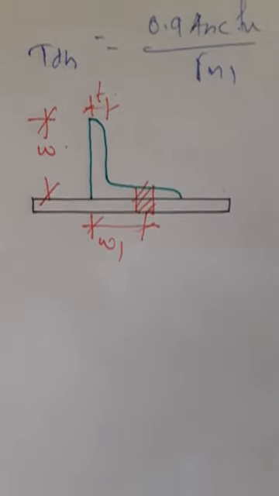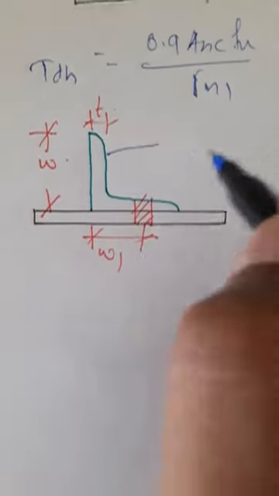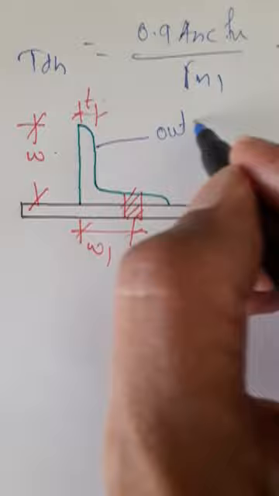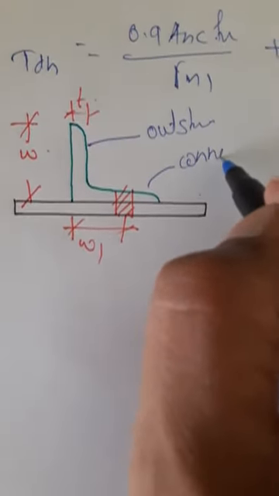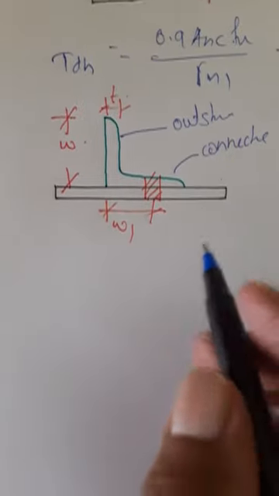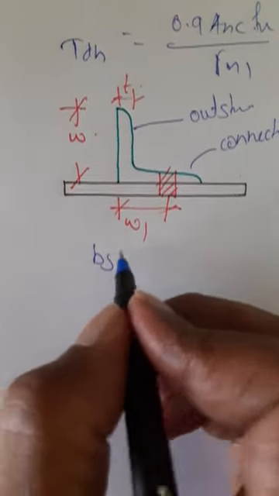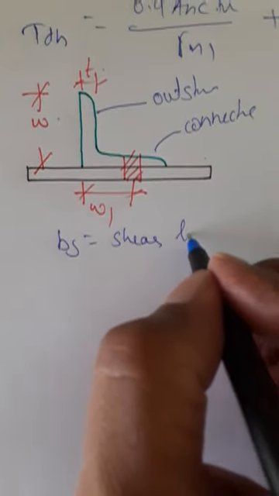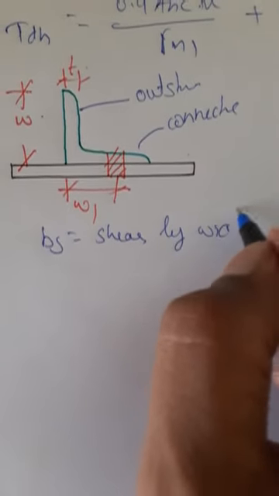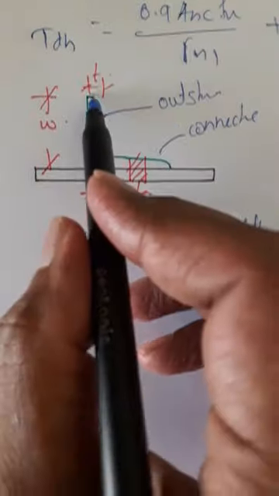So here this is the outstanding leg, and this is the connected leg. Now BS, the shear leg width, means the section which is in shear, from here to here.